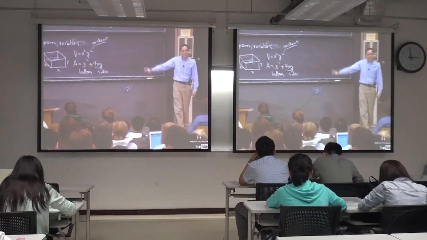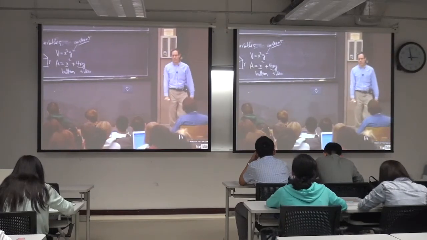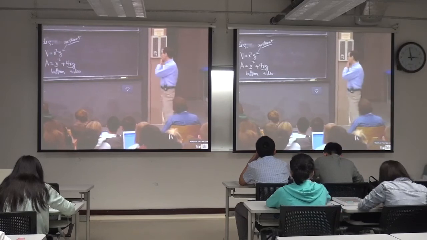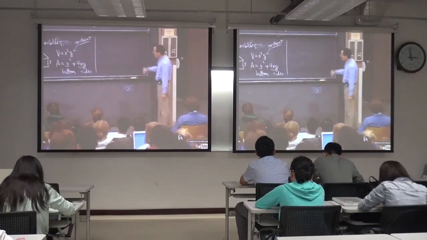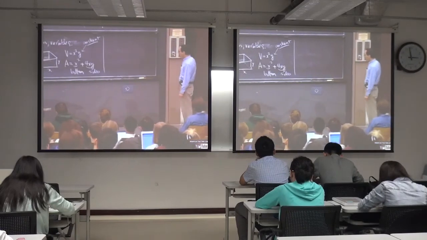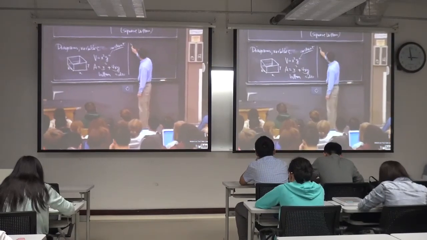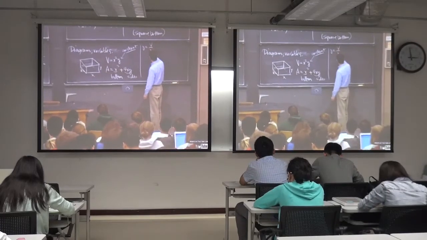Namely, we fixed the relationship between x and y. And so that means that we can solve for y in terms of x. So y is equal to b divided by x squared.